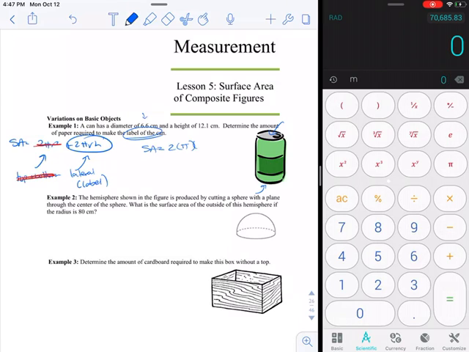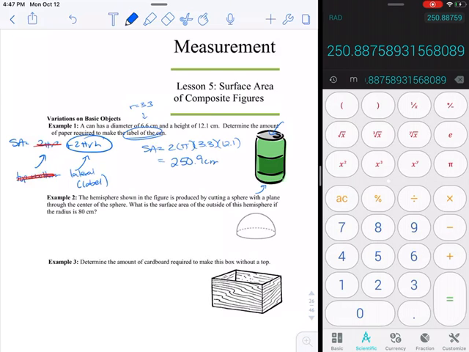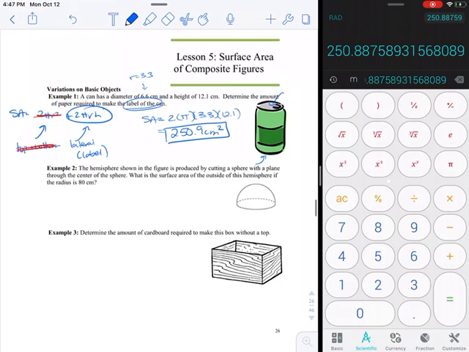The diameter is 6.6, that means the radius is 3.3, and the height is 12.1. So 2 times pi times 3.3 times 12.1, we get 250.9 centimeters squared.